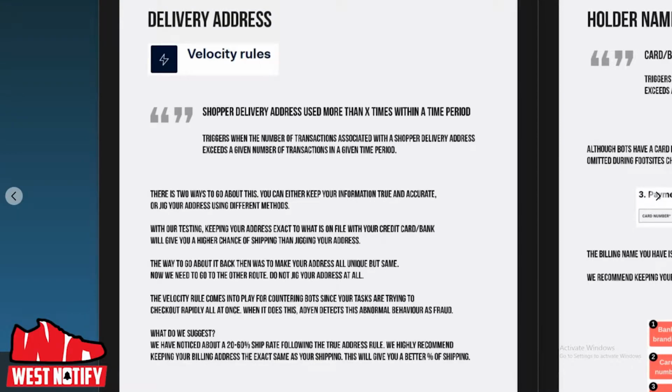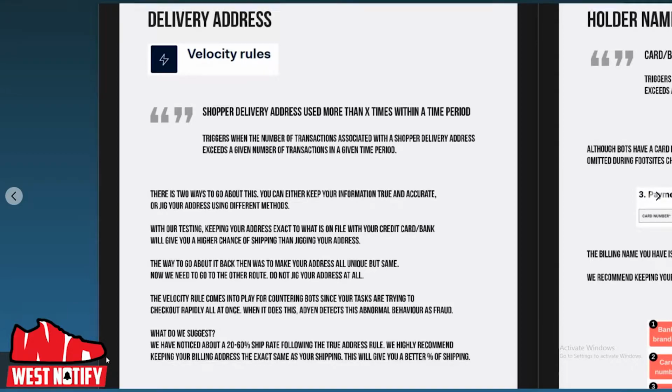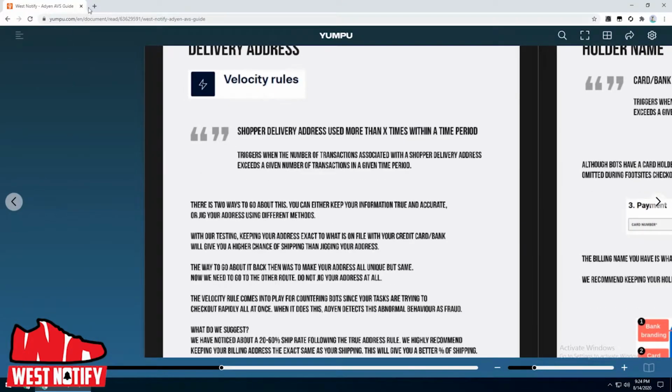Some people will tell you to just keep it exactly the same as what's on Google Maps, or if you use UPS, there's a UPS site where you can enter your address and it formats it exactly how your address should look through UPS. So there are 2 different ways.